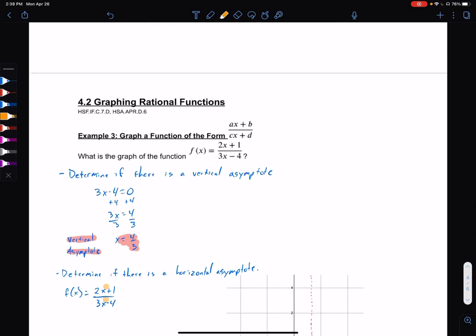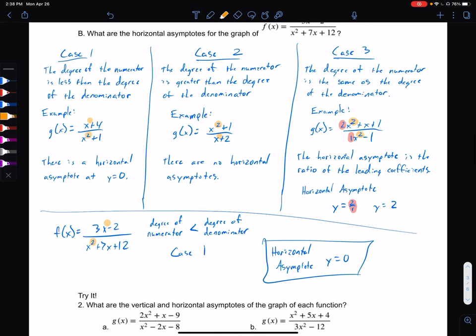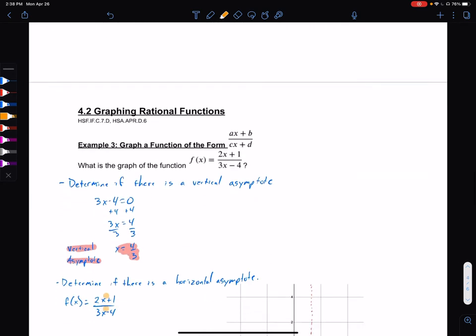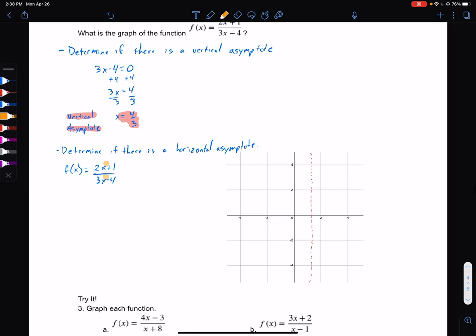They're both the same. If you remember from the previous videos, we had case 1, case 2, and case 3. Case 1 is if the degree of the numerator was less than the denominator. Case 2 was if the numerator is greater than the denominator. And case 3 is when the degrees are the same in both. If that's the case, we need the ratio of the leading coefficients. In this problem, the leading coefficients are 2 and 3.